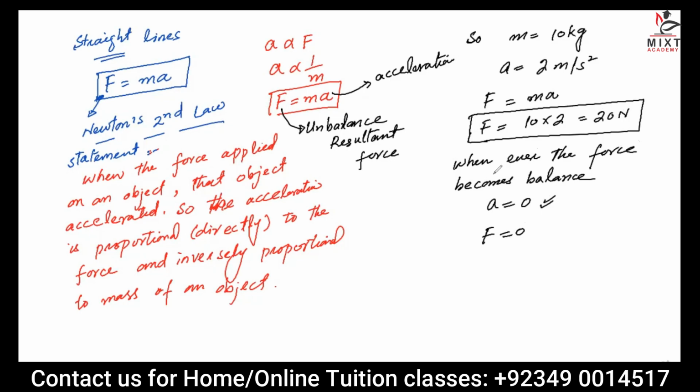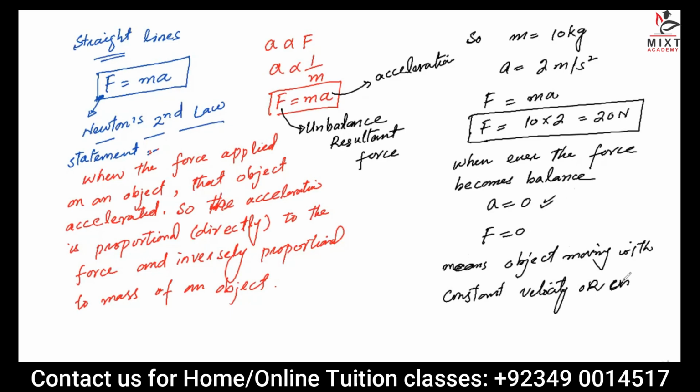It means the object is moving with constant velocity, or you can say uniform motion. In some papers, they will write the word uniform motion. It has the same meaning as constant velocity.